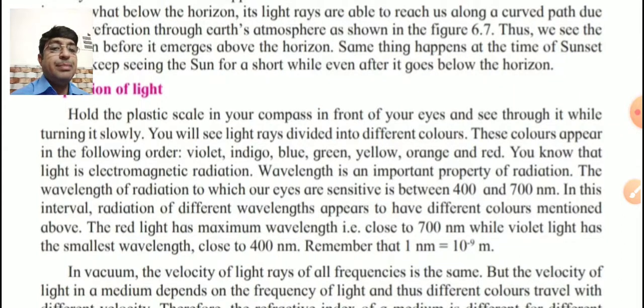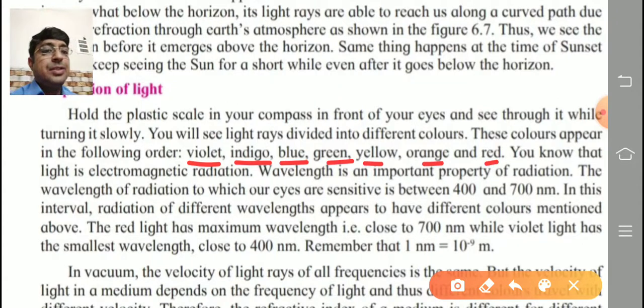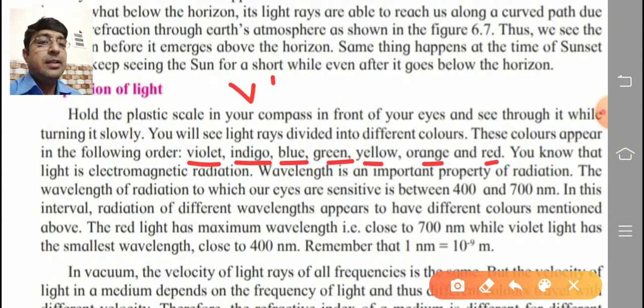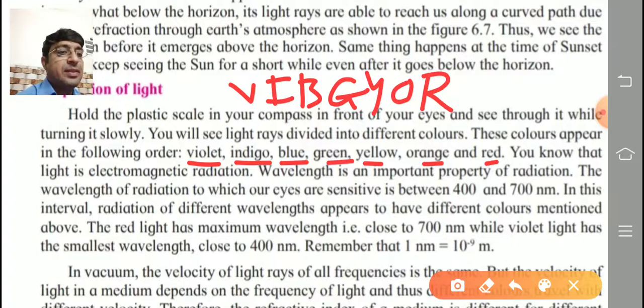These colors appear in the following order. I think most of the students know this order: violet, indigo, blue, green, yellow, orange, and red. So in short, we write it like this: VIBGYOR.